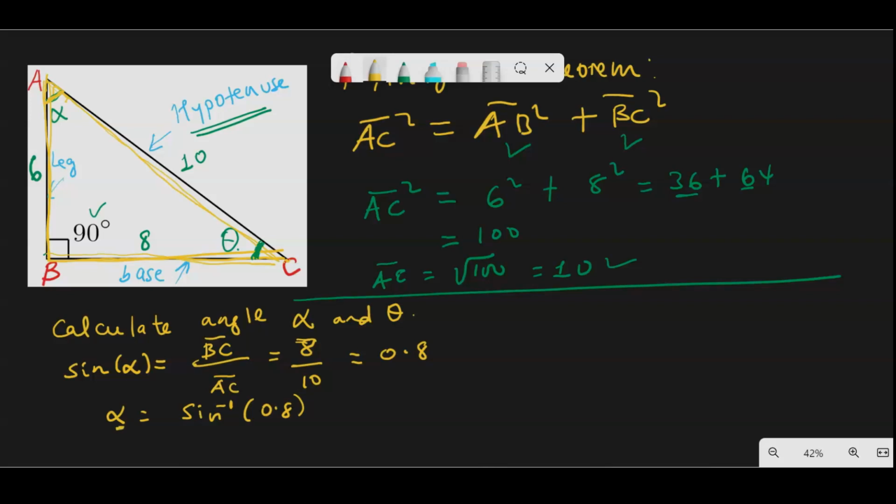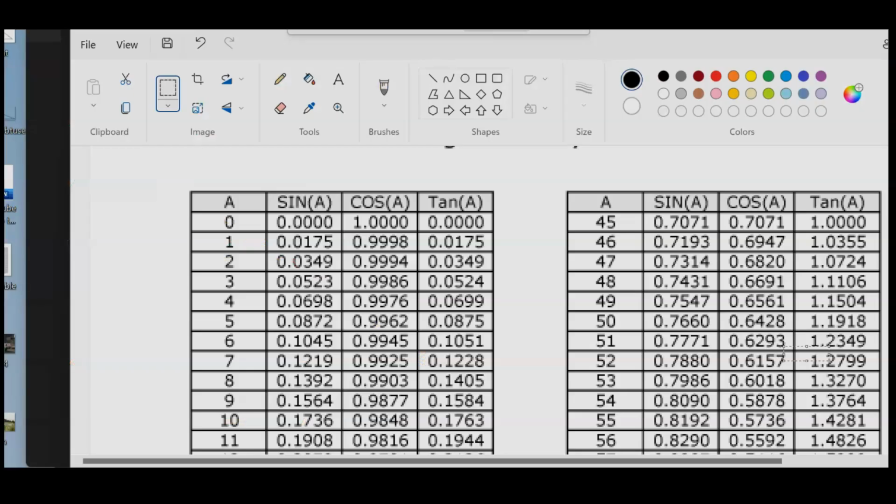This is in terms of angle in degrees, but this is a ratio. So we have to use some sort of table to convert it into an angle. To do that, we always have to use the inverse trigonometric function. Let's see from the table what the value of 0.8 is in terms of sine angle.